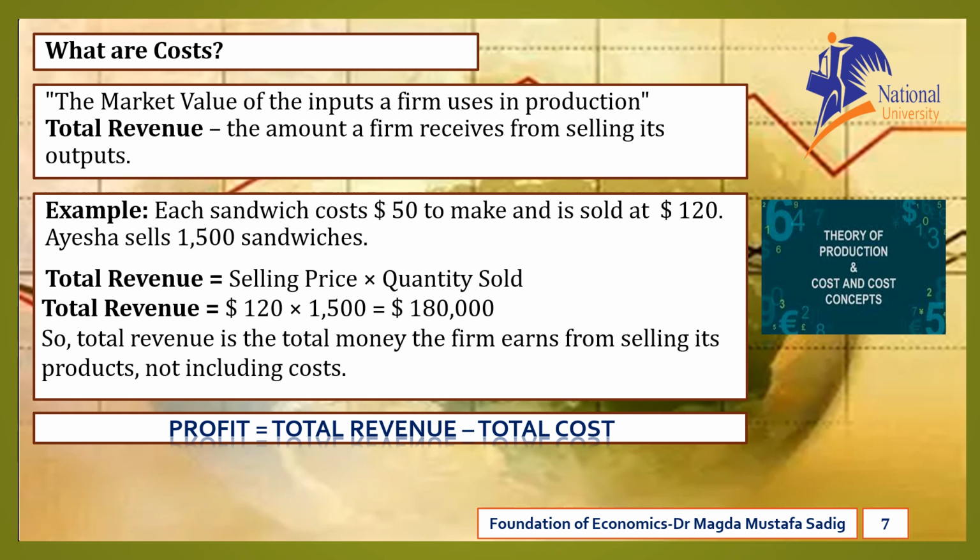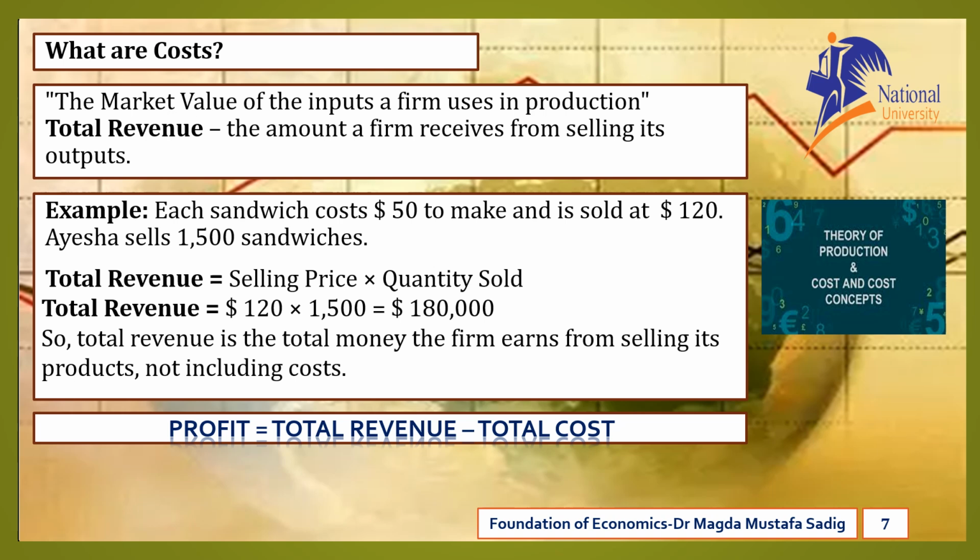That means every resource the firm uses, whether it's labor, raw materials, machinery, or even the time of the entrepreneur, has a value. The cost of production is the sum of the values of all these inputs.